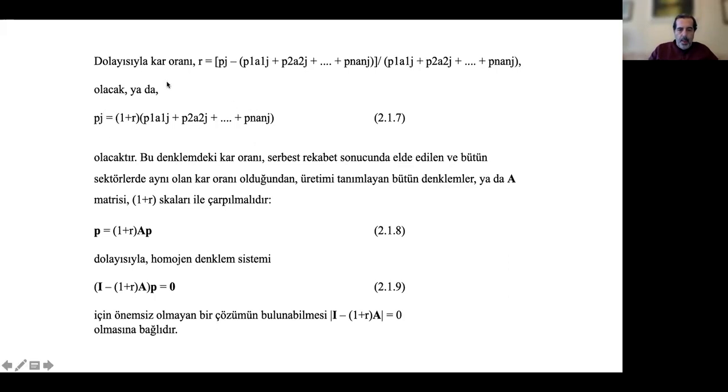Okay, so this is the uniform profit rate, R, meaning that 1 plus R simply means basically total costs of production plus profit margin. So the price is a market price, basically.